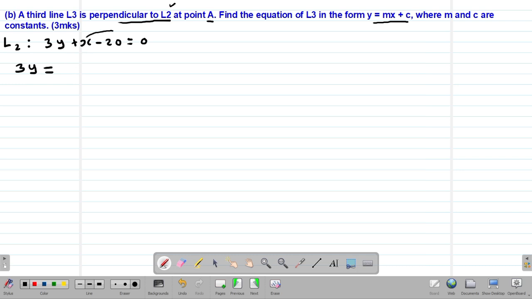So of course, when x crosses the equal sign, it becomes a negative x. Then of course, if negative 20 crosses the equal sign, it becomes a positive 20. Then I'll divide through by 3, so that 3 and 3 can easily cancel out. So I'm going to remain with the equation being y is equal to, so here the coefficient is actually 1.